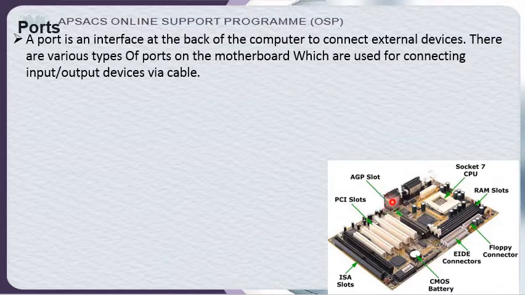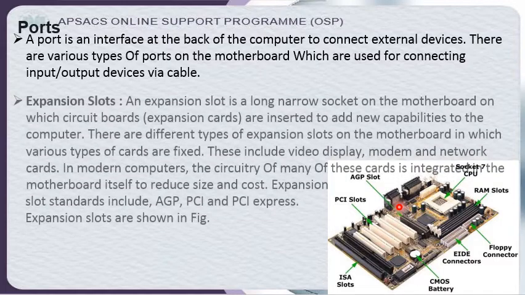Whenever you want to connect a printer, again through a USB port or a parallel port. Any keyboard or mouse you want to connect, through the ports you can connect those input-output devices.